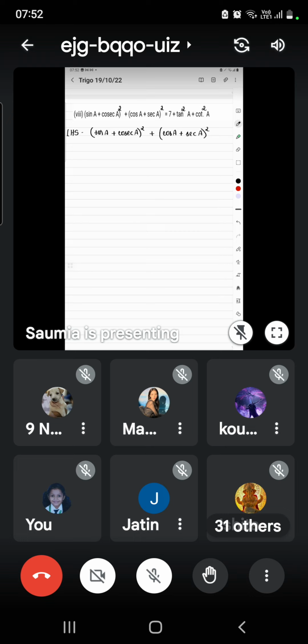Okay. Now let's use A plus B the whole square. So I will write sin square A plus cosec square A plus 2AB. So 2 sin A cosec A. Now use A plus B here also. So you will get cos square A plus sec square A plus 2 cos A sec A. Okay.